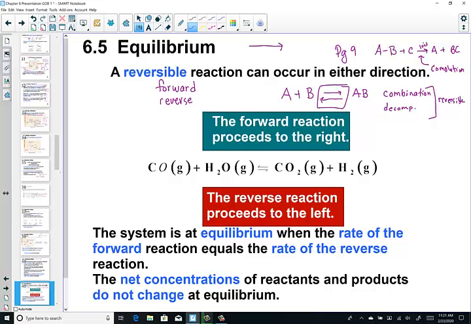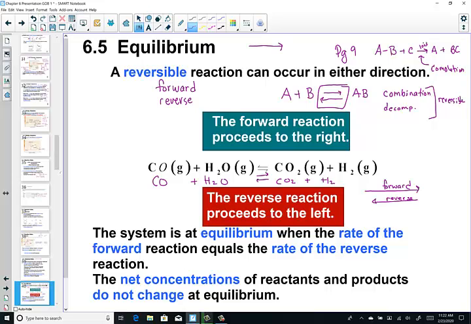Carbon monoxide, written as CO, will react with a water molecule, written as H2O, and notice I have two sets of arrows pointing left to right and then right back to left, a forward direction and a reverse direction. When I say the reaction proceeds forward, the forward direction is pointing from left to right. And when I say the reverse direction, now you're looking at right back to left. So we have a reversible reaction.